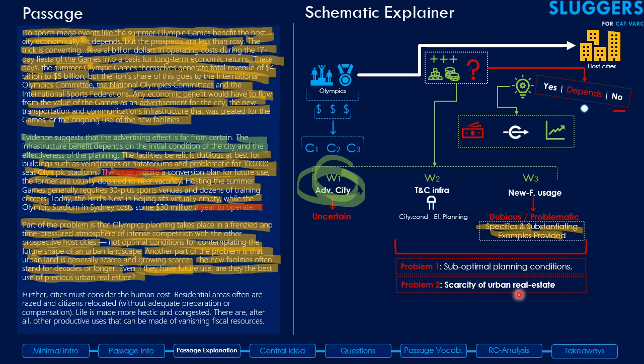So guys, please also note that the second problem has been put here in bold letters. It is a very subtle difference, but as you can see here, the way the author has portrayed the second problem, he has almost said that it is more overarching in nature, that even if the first problem is solved, the second problem would still prove as one of the major blocks, right?